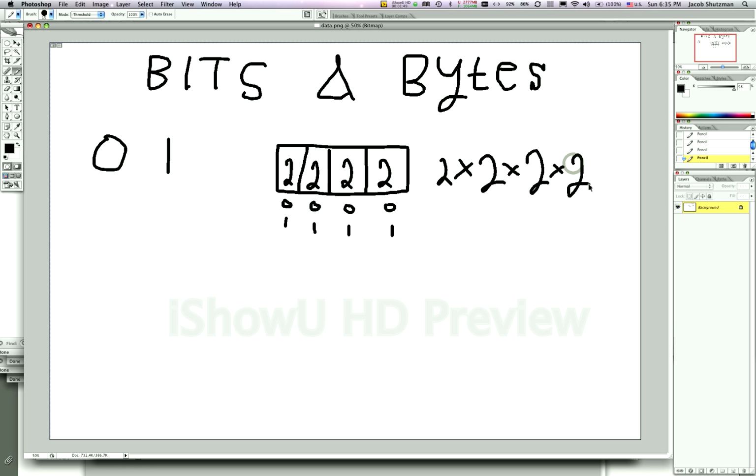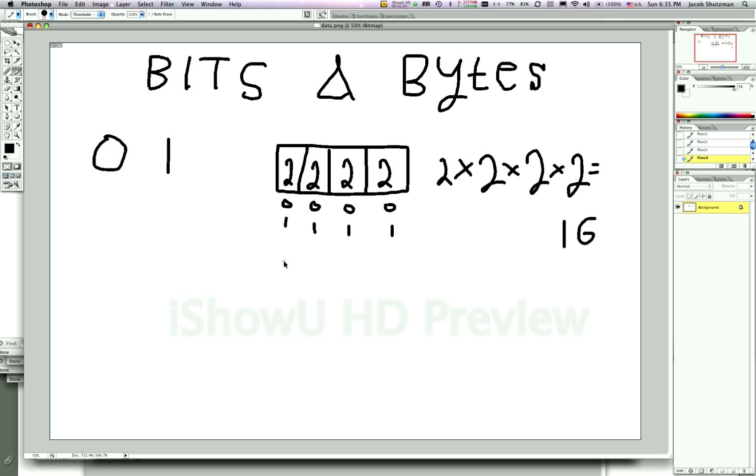And if you do the math here, you'll get, I'm sure you guessed it, it's 16. So we can have 16 different types of codes represented with those 4 boxes.